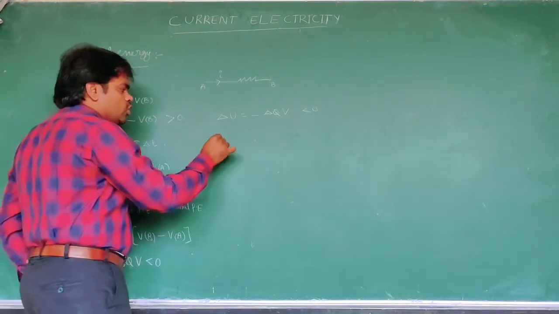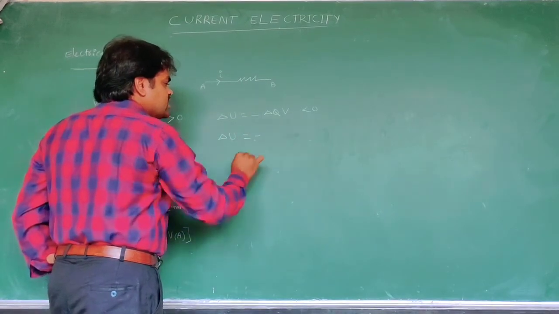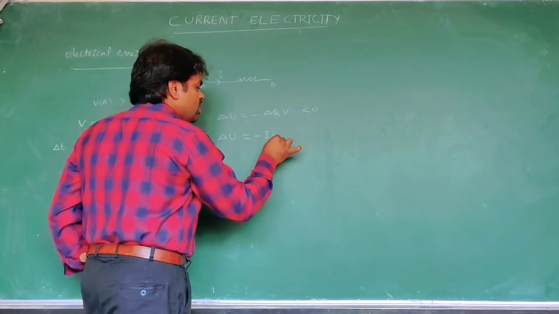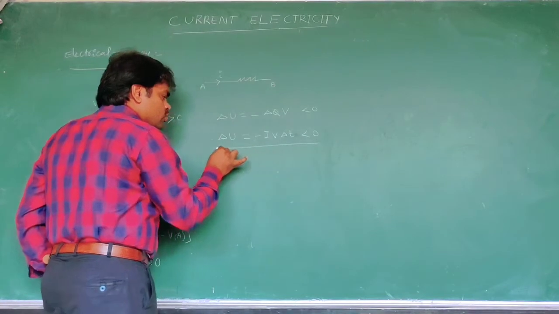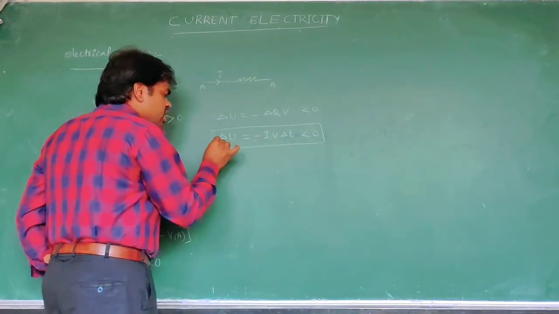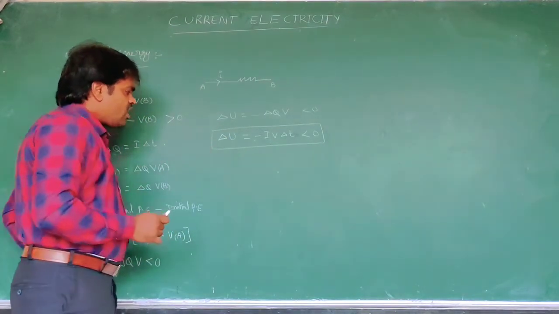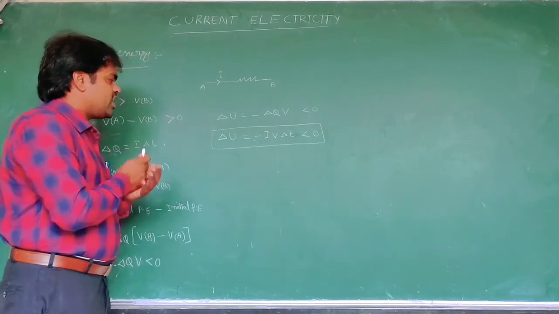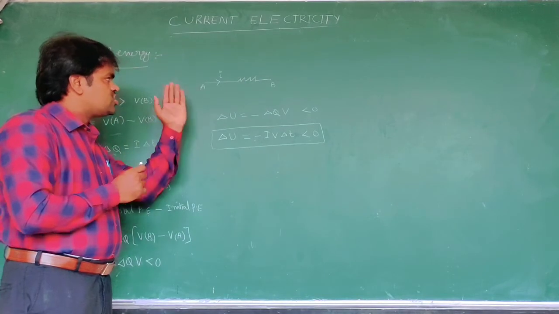Since delta Q equals I delta t, delta U equals minus I V into delta t, which is less than 0. This is the potential energy.